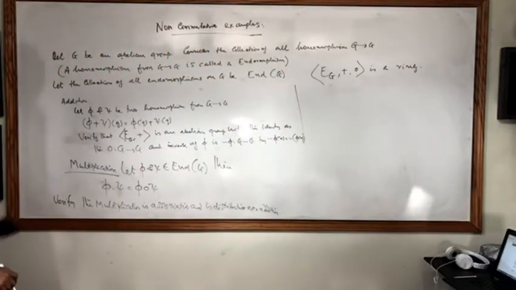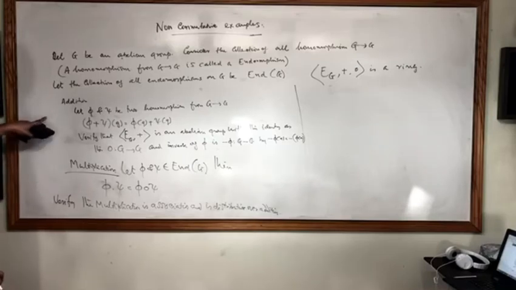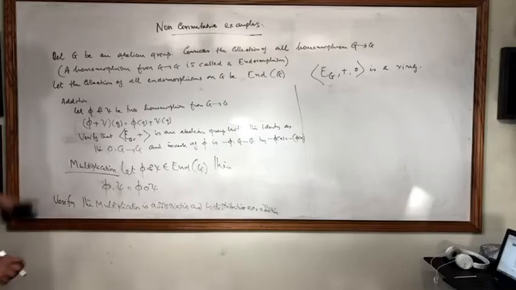Now we are going to give you an example of a ring where the multiplication is not necessarily commutative.